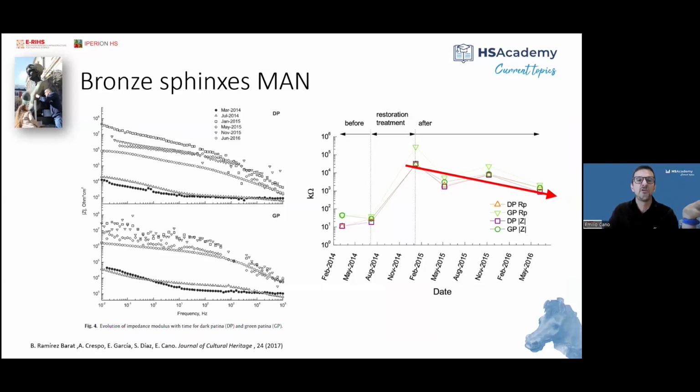Before, which are the solid dots, the impedance is lower, but when the restorers apply the treatment, the impedance increases by almost 4 orders of magnitude. We plot the modulus at low frequency versus time, which is the graph on the right. You will see how it increases, and then we follow that over time, measuring exactly in the same places, and you can see how we can follow the degradation of the coatings.